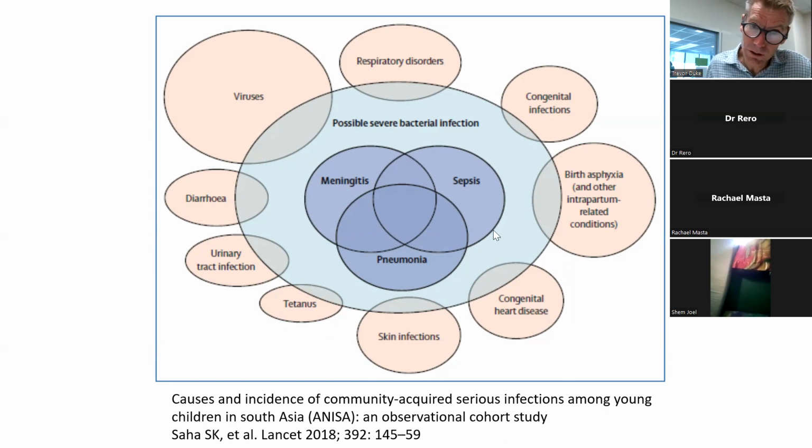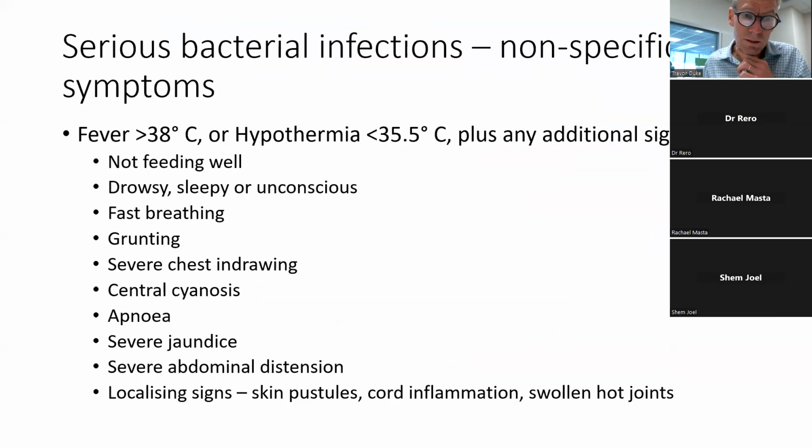The point is, there's a lot of overlap between the clinical features of all of these newborn conditions, and also overlap between the clinical features of sepsis and meningitis and pneumonia. So that's why WHO has said that we should think about possible serious bacterial infection, and then try to subcategorize the type of infection into cord infection, skin infection, pneumonia, meningitis, etc.